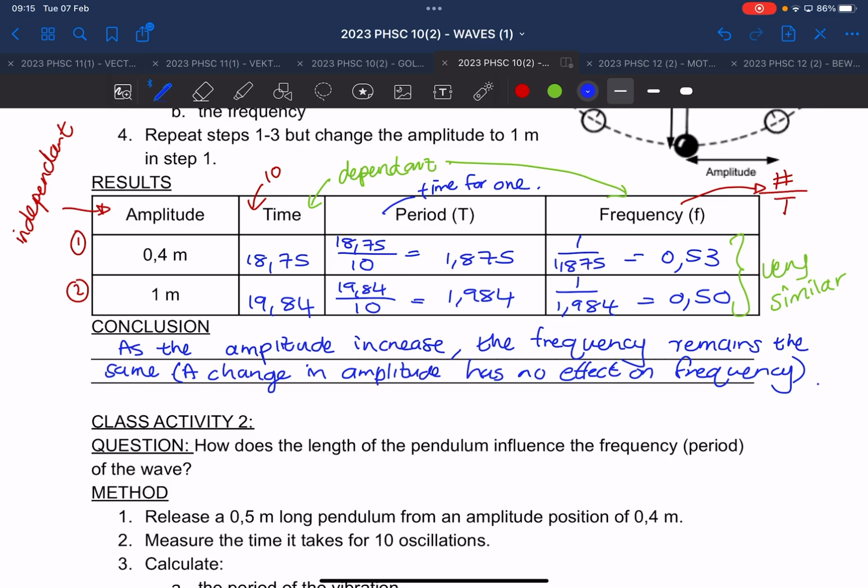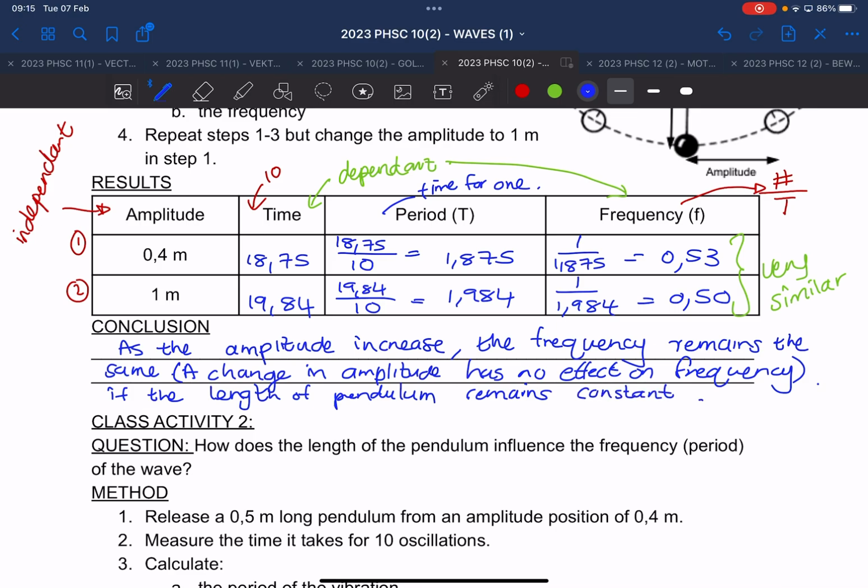I want, for another mark, I want you to mention the control variables. Okay, so these two will only be the same if the length of the pendulum remains constant.